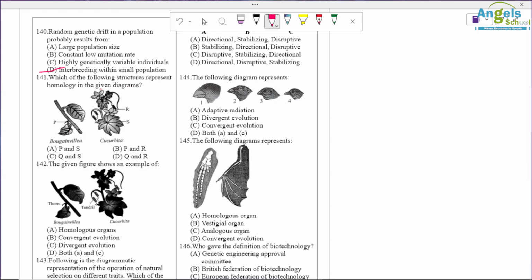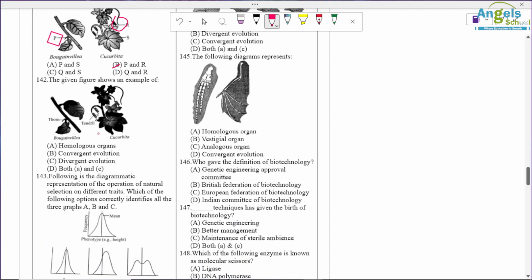You have to identify the homology in a diagram. Okay, so here a thorn of bougainvillea, and this is a spring-like structure of cucurbita. Okay, so P and R is a correct option. Tendrils.